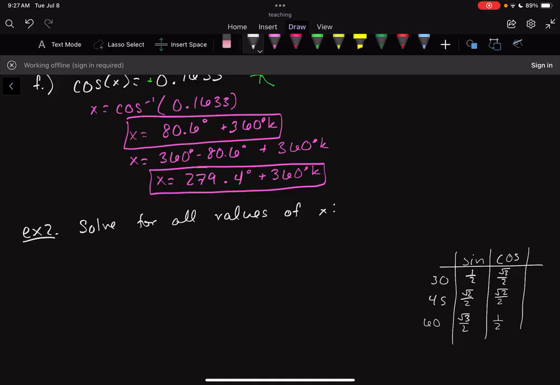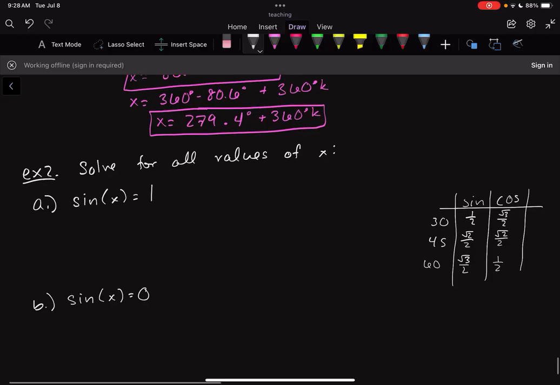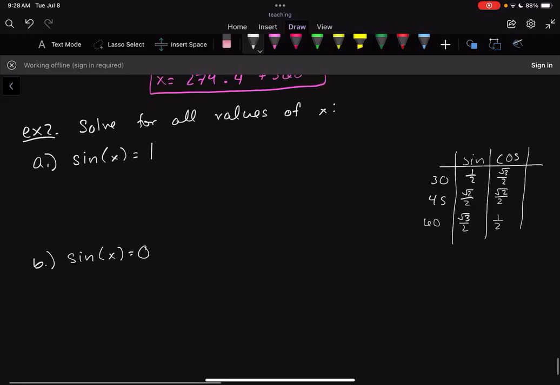Sometimes they use Greek letters or something like that. And so we'll do a few of these. So let's start off with sine x equals 1. We'll do sine x equals 0. And we'll do some more, but I never want to run out of space.